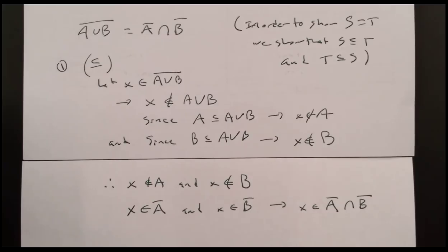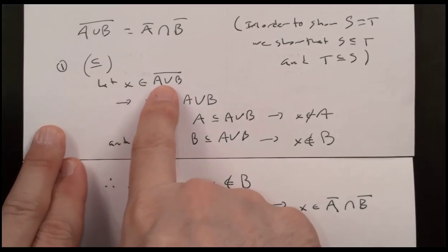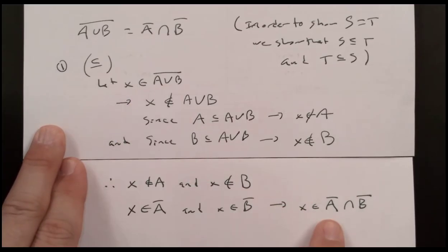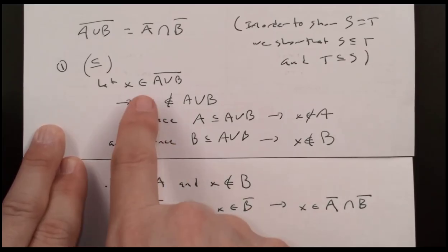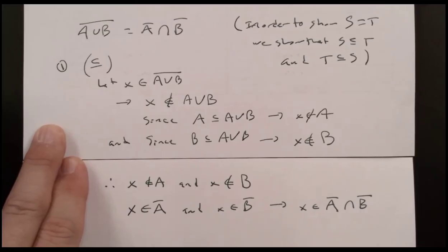Now, Grace, I've only shown one side, right? By the definition of being a subset, I picked an arbitrary element in here and it ends up in here. Universal generalization. If it's true for any X, we just picked one, then it's got to be true for all of them, right?